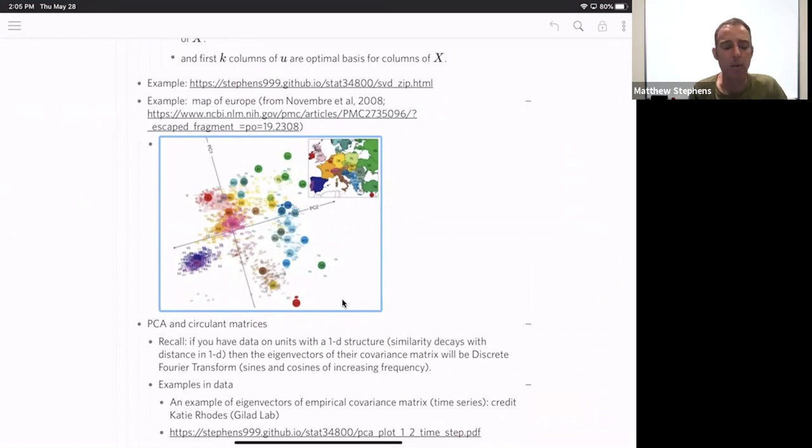Okay, well, let me tell you about this image, and you can see a better version of it in the original article here. This image is just the first two eigenvectors, the first two principal components, computed from a data matrix that's genetic data from Europeans. So you think of each row of the matrix as a person, and each column as a position in the genome.